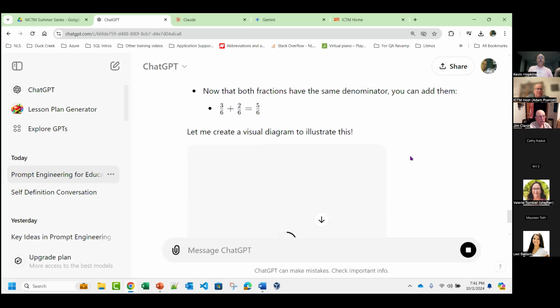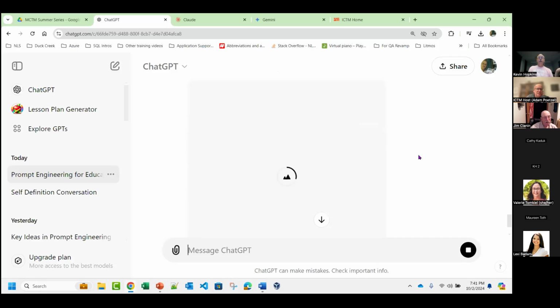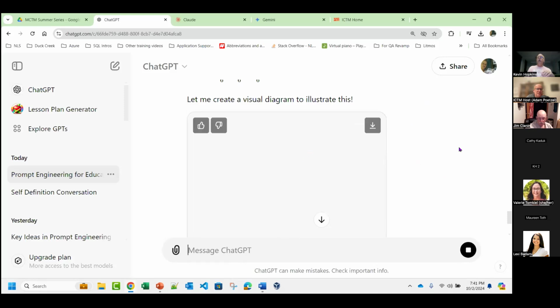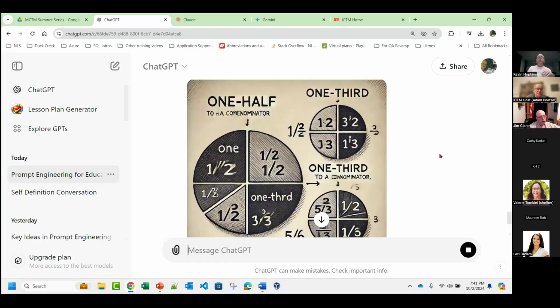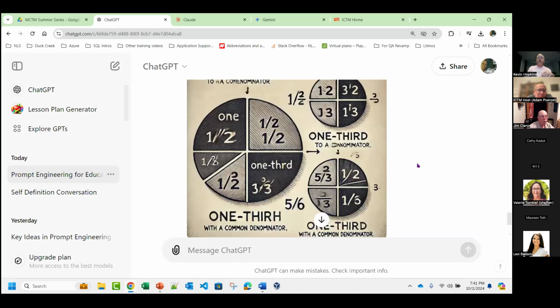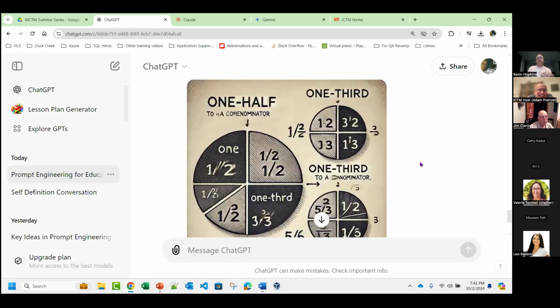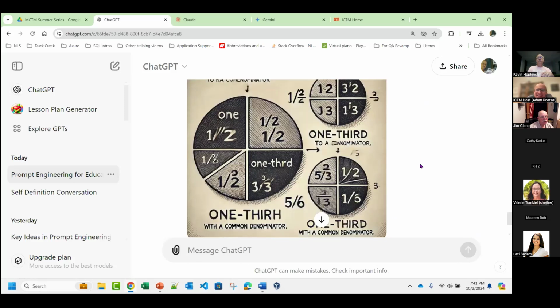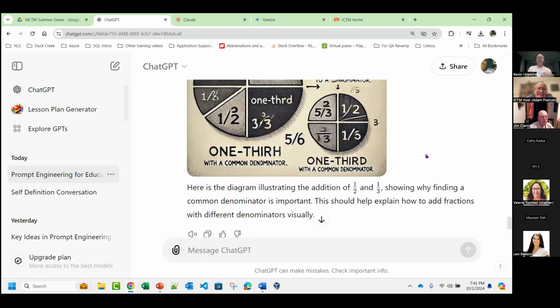Let me create a visual diagram to illustrate this. So ChatGPT will create diagrams. It's using, I believe, DALL-E behind the scenes to create those. Creating diagrams takes longer. And so we've got here a diagram. Yeah, I don't really think I can use this diagram. No, I don't really see anything about that.